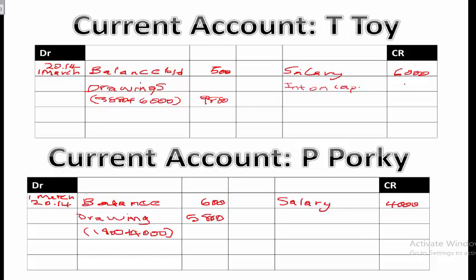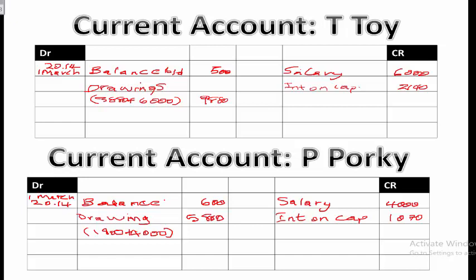So your interest on cap will be 2,140, as well as your interest on capital for P-Porky, which is given as 1,070, if my memory serves me correctly. So we have most of the amounts that we need for the current accounts.